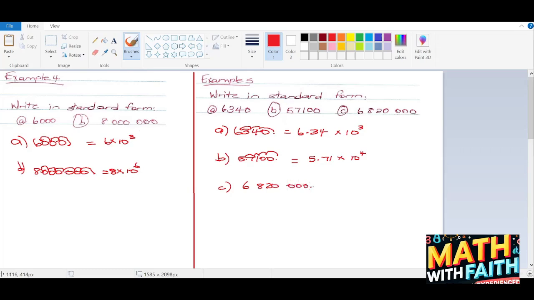The point is understood to be there. So we have to move this point 1, 2, 3, 4, 5, 6 times to the left. So that's 6.82 multiplied by 10 to the 6, the number of times we moved it. So this is how we work out our standard form.